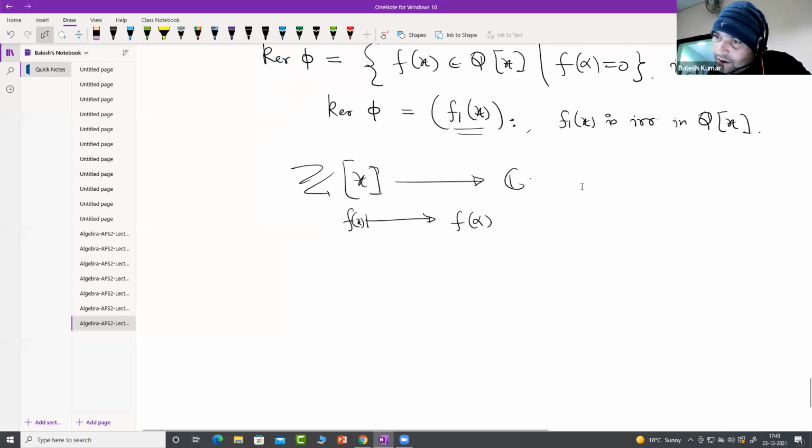Then what will be the kernel here? The kernel of phi will be what here?